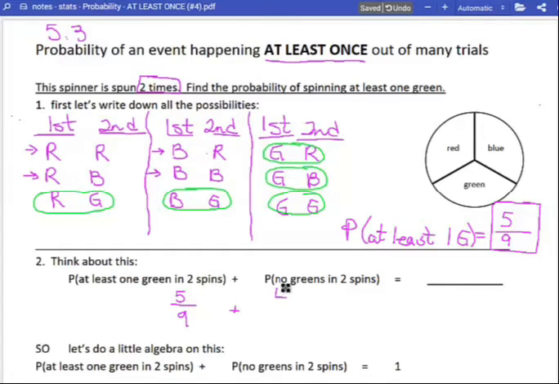So that's going to be 4, 1, 2, 3, 4 out of the 9. And what are those going to equal up to? They're going to equal up to 1. So the probability of at least one green plus the probability of no greens, those are always going to be the flip side of each other, and they're always going to add up to 1.